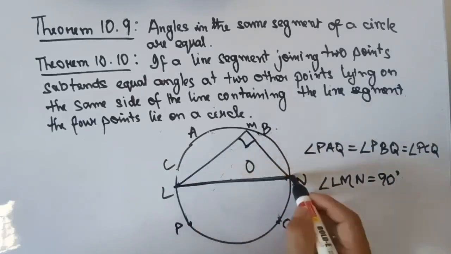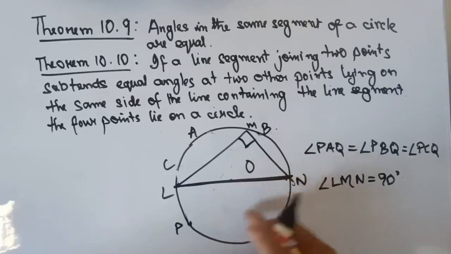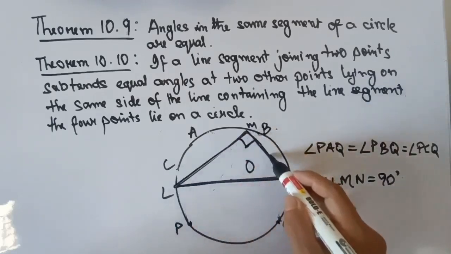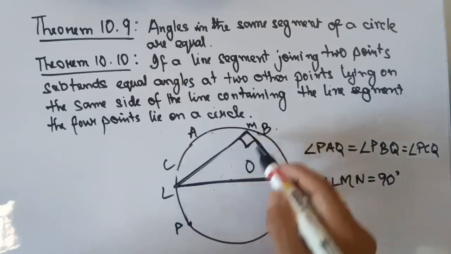This LN is the diameter, so the diameter divides the circle into two equal halves, that is, each half is known as the semicircle, and the angle in a semicircle is a right angle.